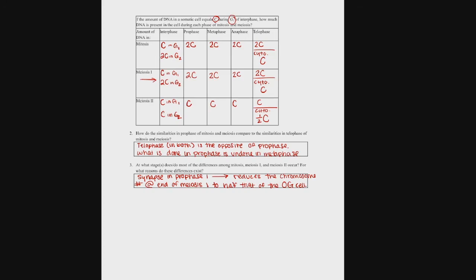Synapse is what happens when two chromosomes line up that complement each other, and then, like, this genetic information and this genetic information can swap to produce unique looking chromosomes. That's what synapse is.